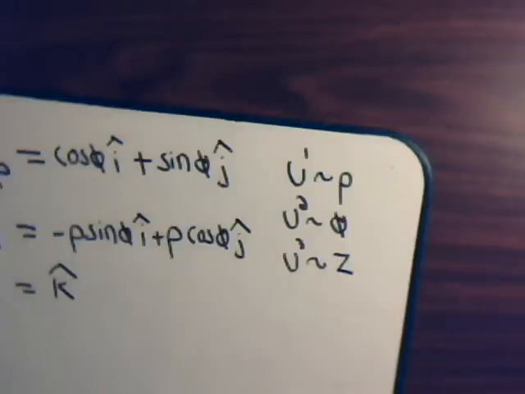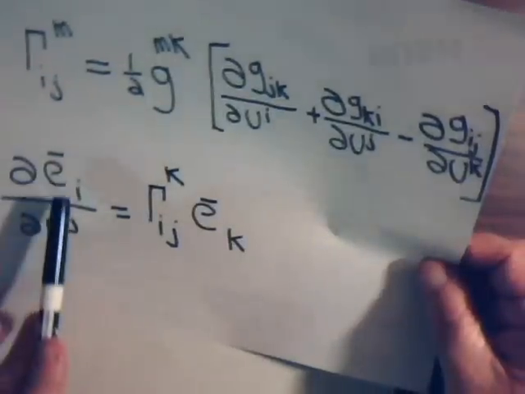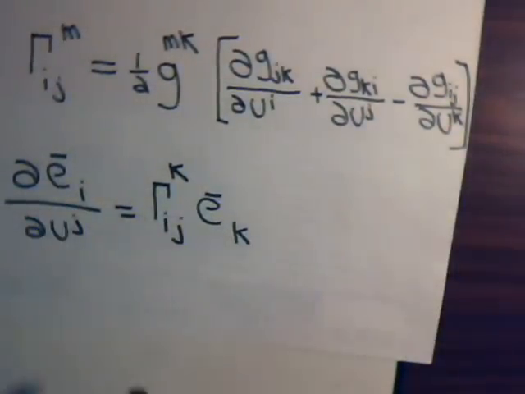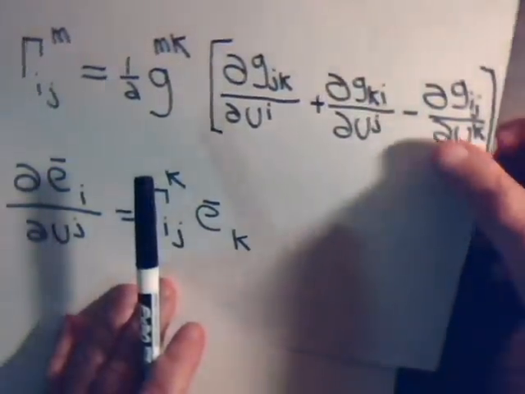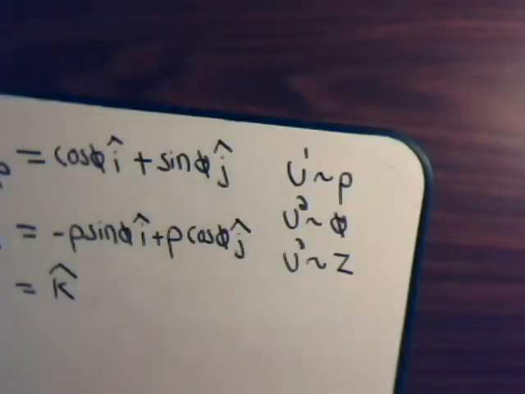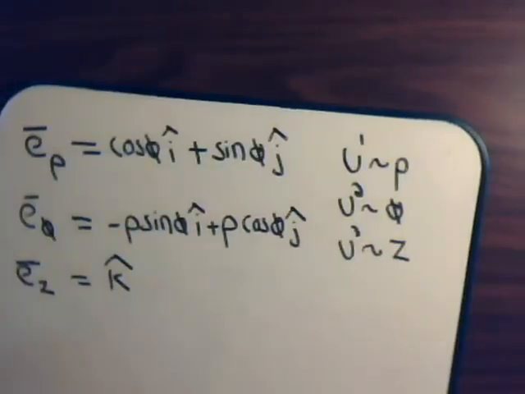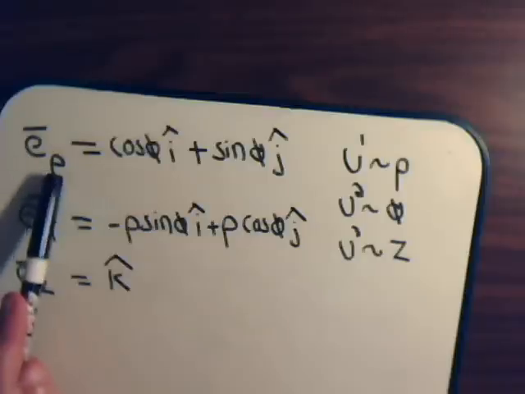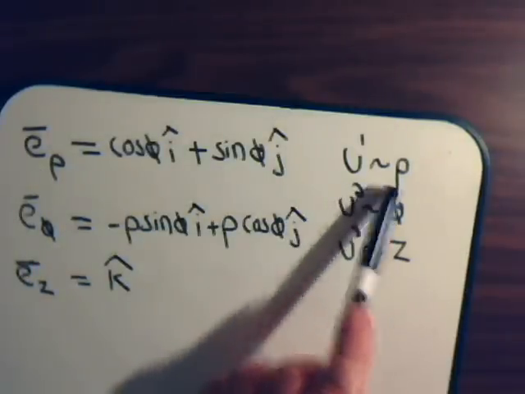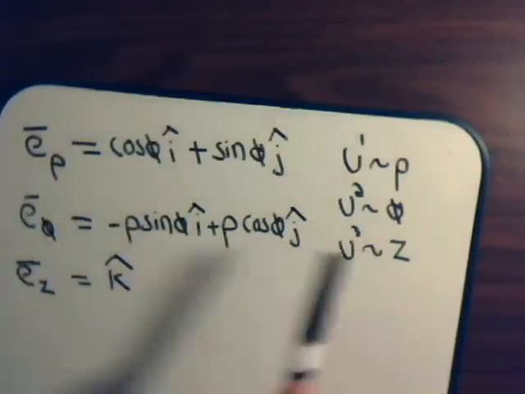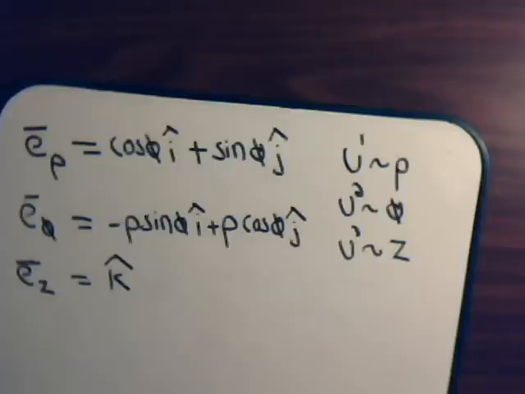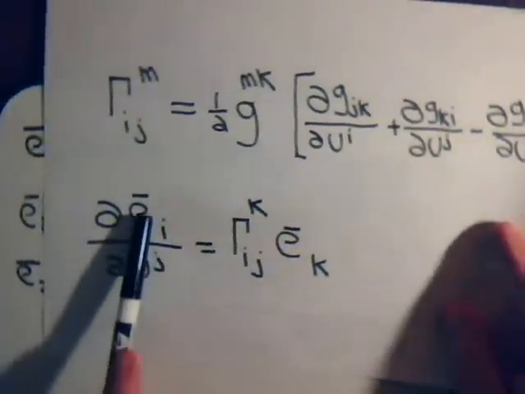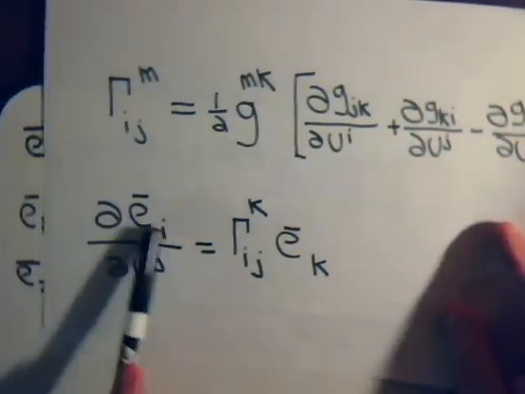So i equals 1, that is E rho. Then we take the partial of that when j equals 1, 2, and 3. So we'll take the partial of this with respect to rho. Then we'll take the partial of this with respect to psi. Then take the partial of this with respect to z. That's what this means for when i equals 1, or that would be E rho.